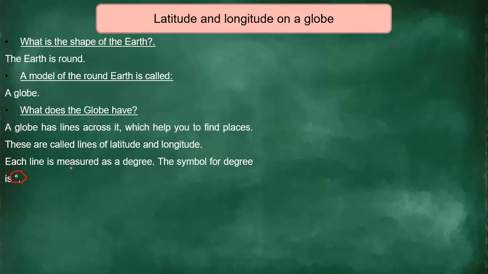Each line is measured as a degree. So this is the symbol that we use. If we say it is 25, then we have to add this symbol to show that it is 25 degrees. Nice one. Okay, so what is the line of latitude and longitude?